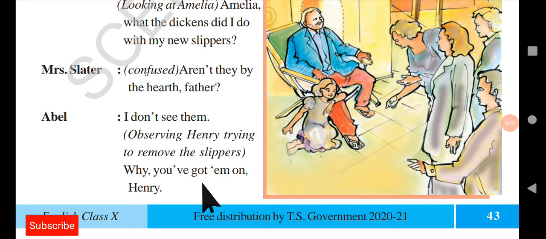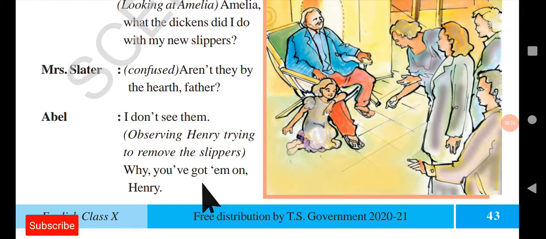Now before, in part one, we know that Henry already wore the slippers of this old man. They thought that this old man was dead, and Amelia even gave her father's slippers to her husband. So now when Abel Meriwether asked for his slippers, Henry started to take them off.